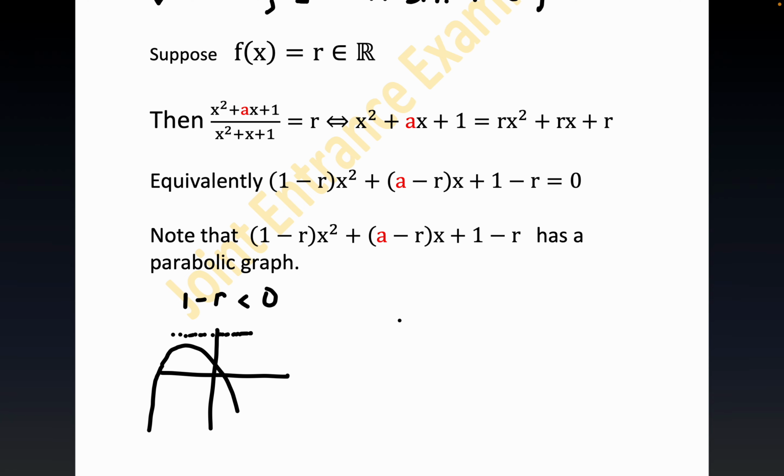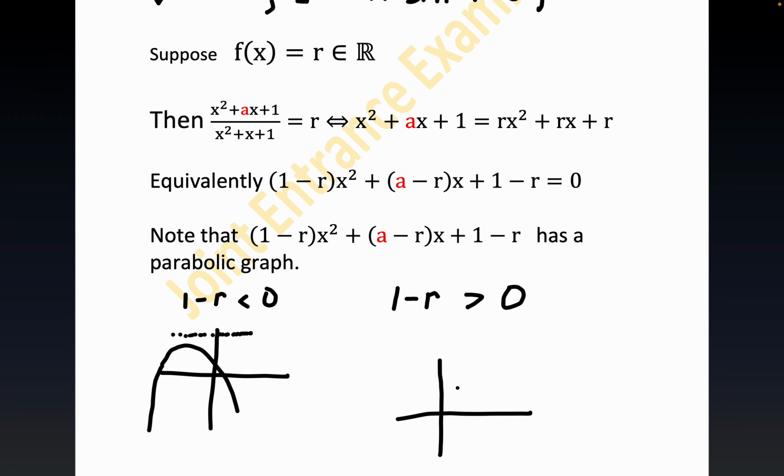Now in a similar fashion, if 1 minus r is greater than 0, we're going to have a graph that opens up. It could be located anywhere.